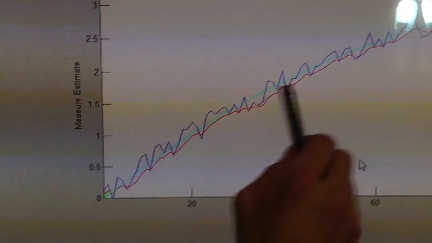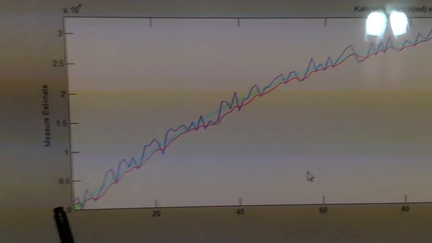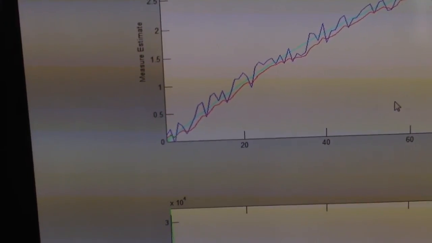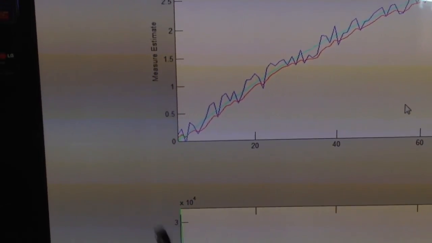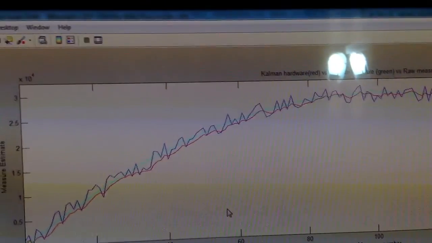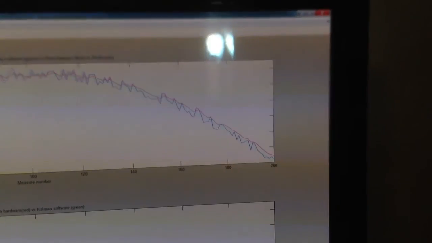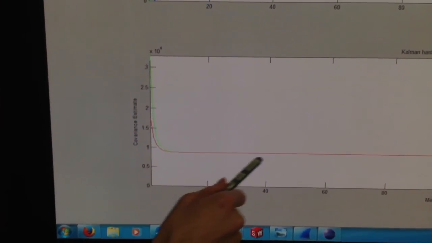In dark blue, the noisy one, and in green, the software Kalman filter locally calculated by the script, to compare with the red one, which is the hardware one calculated from our FPGA. Below we can see the covariance estimate sample.